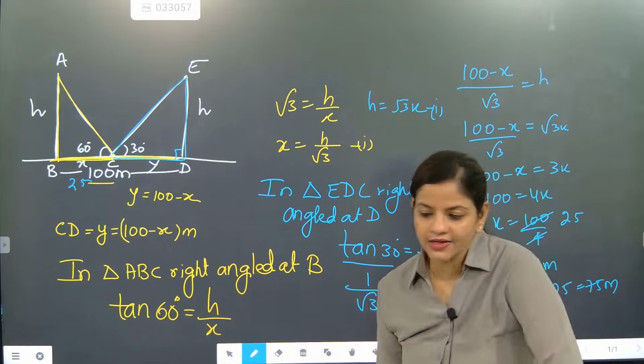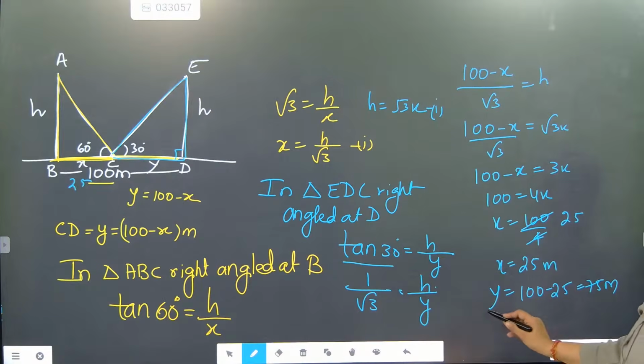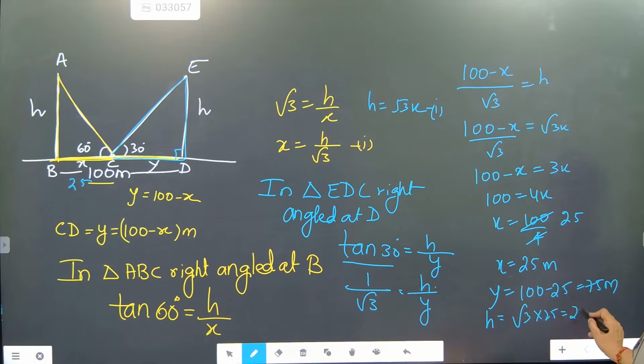Now what is the height? If somebody asks you the height, height is equal to root 3 into x, 25. So that is 25 into 1.732. Understood? 25 into 1.732.